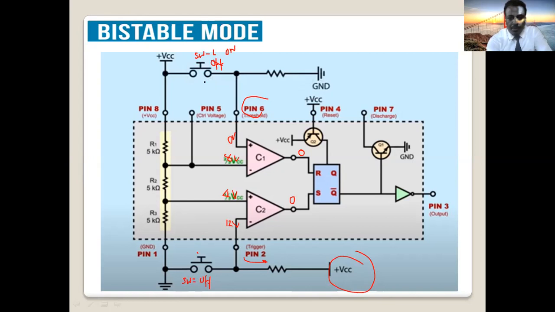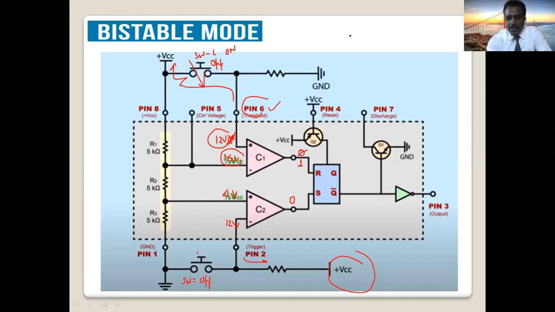So when you press this switch, we give pin number 6 12 volt. Here this 0 volt becomes 12 volt, because we give a switch at this position. Now this is connected to VCC, so 12 volt comes here. Now which one is larger? This is, I told you, 8 fixed. So now positive is larger. When positive is larger, this becomes 1.